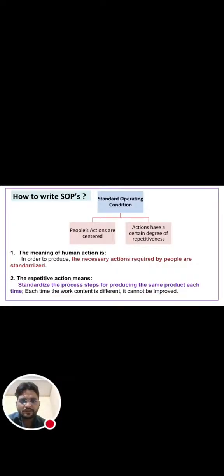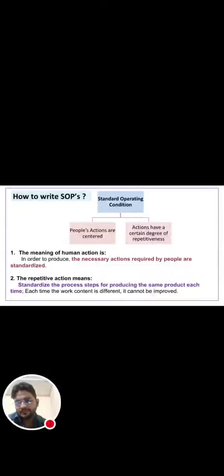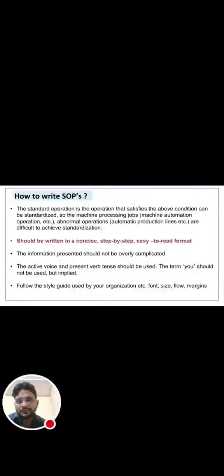Each time the work content is different, it cannot be improved. SOP can provide the repetitive actions, and SOP can provide the meaning of human actions. These are two steps of how to write SOP.